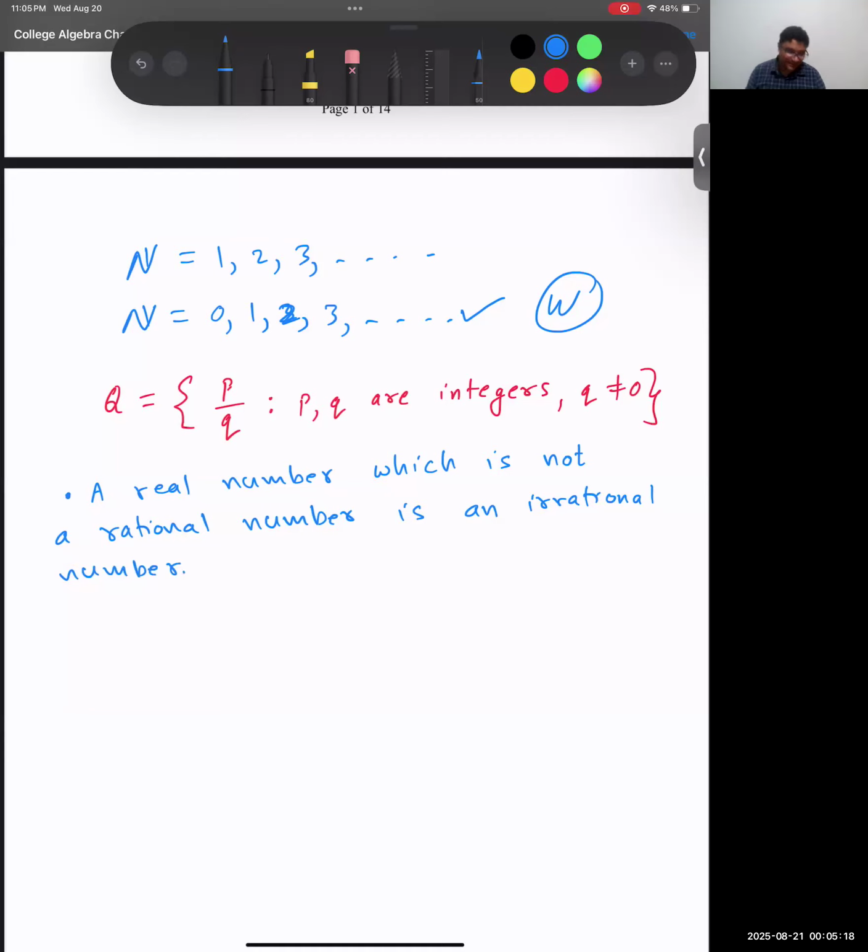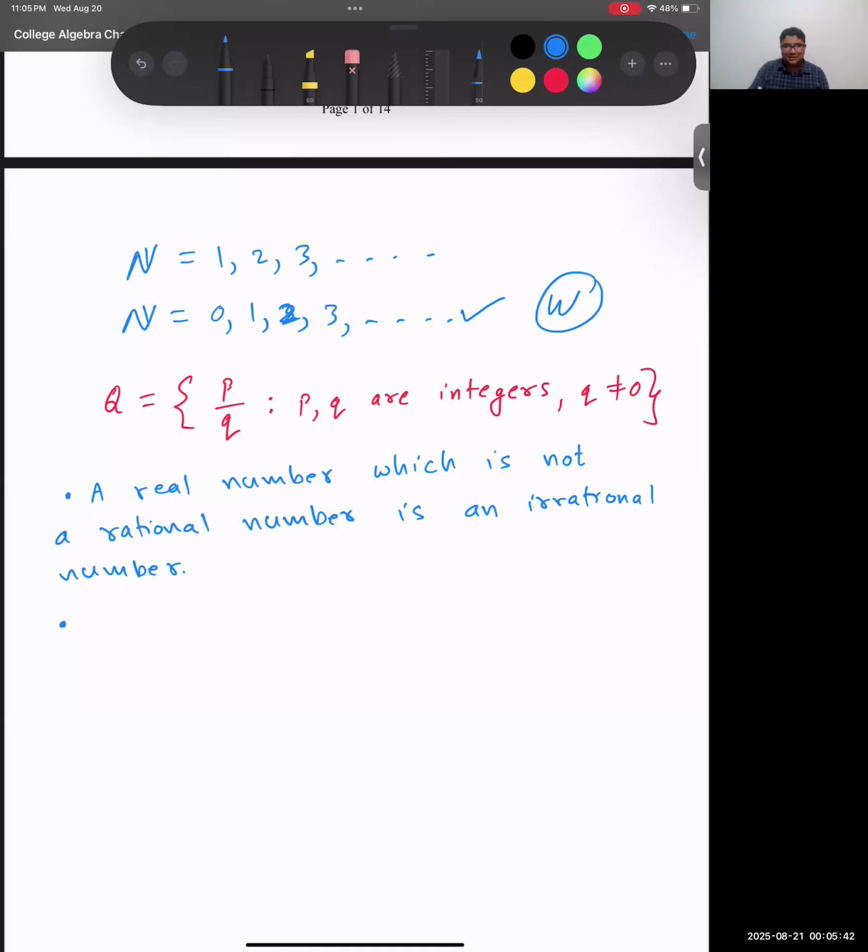So one way to define an irrational number would be: is it a real number? The answer should be yes. Is it a rational number? The answer should be no. Then it is an irrational number, right? A real number which is not rational is irrational. That is one way of defining.